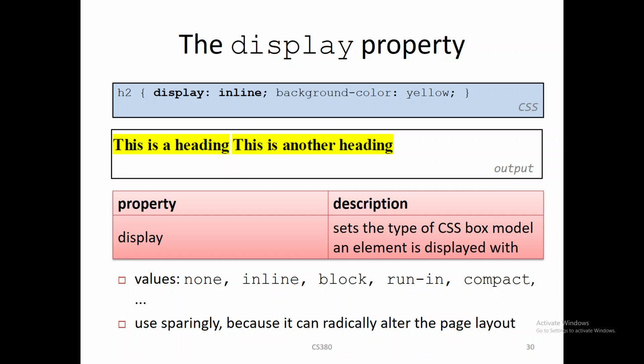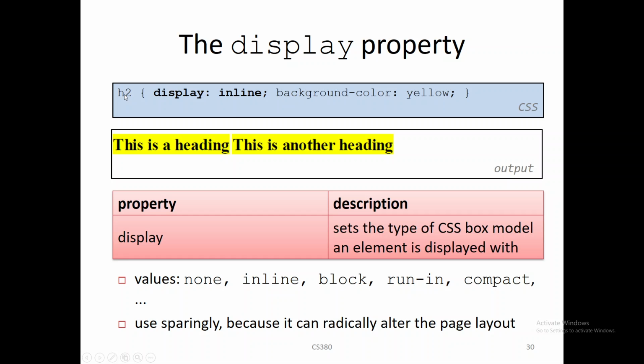So we can always convert block elements to inline elements and inline elements back into block elements. How can we do this? We can use the display property for that. If we set it to display inline, the H2 element, which is a block element by default, will be converted into an inline element. So if we write two H1s in a row, we're going to have them lined up like this, because they will be treated like inline elements.